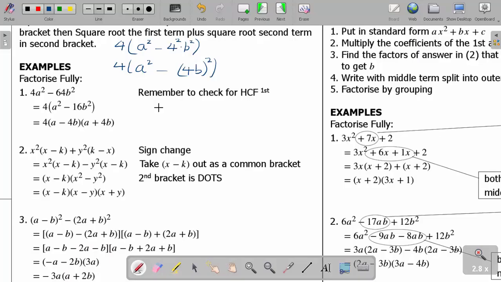To factorize this one, this time we square root it. By the way, there is this 4 here. We write the 4.